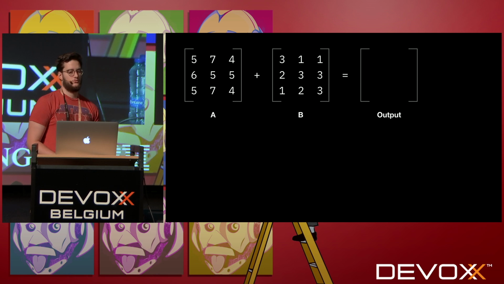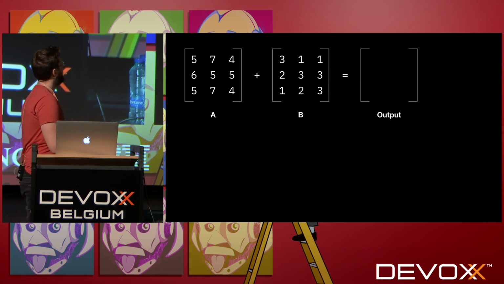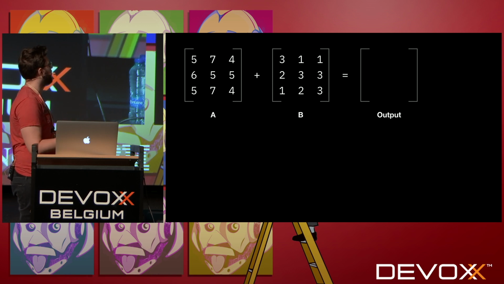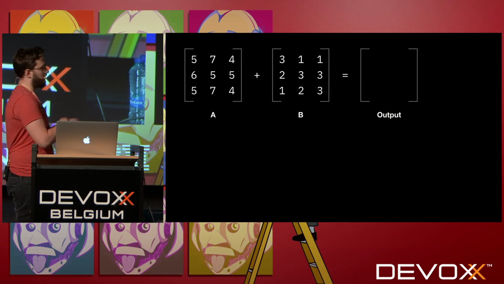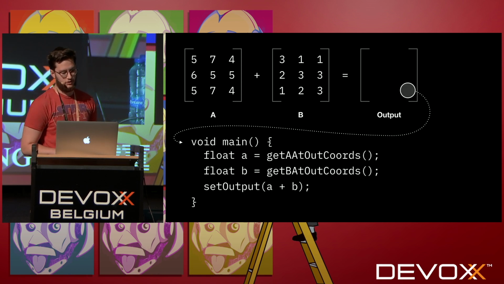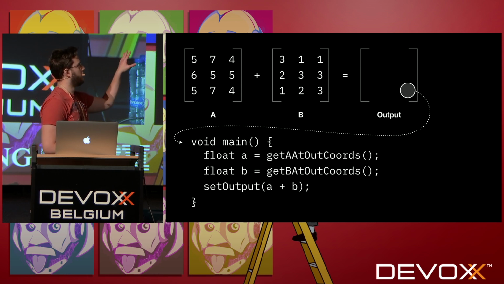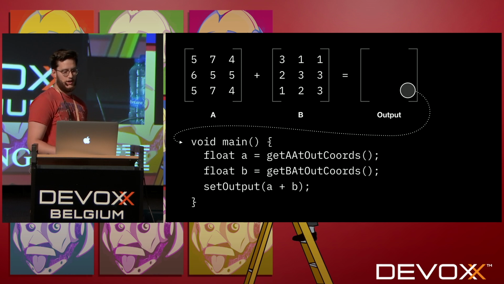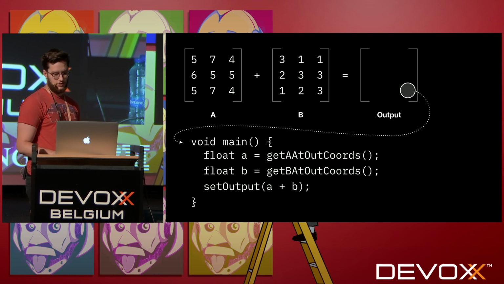Using regular JavaScript, we would have to loop through A and B and add 5 to 3, 7 to 1, 4 to 1, and so on through the whole matrix.